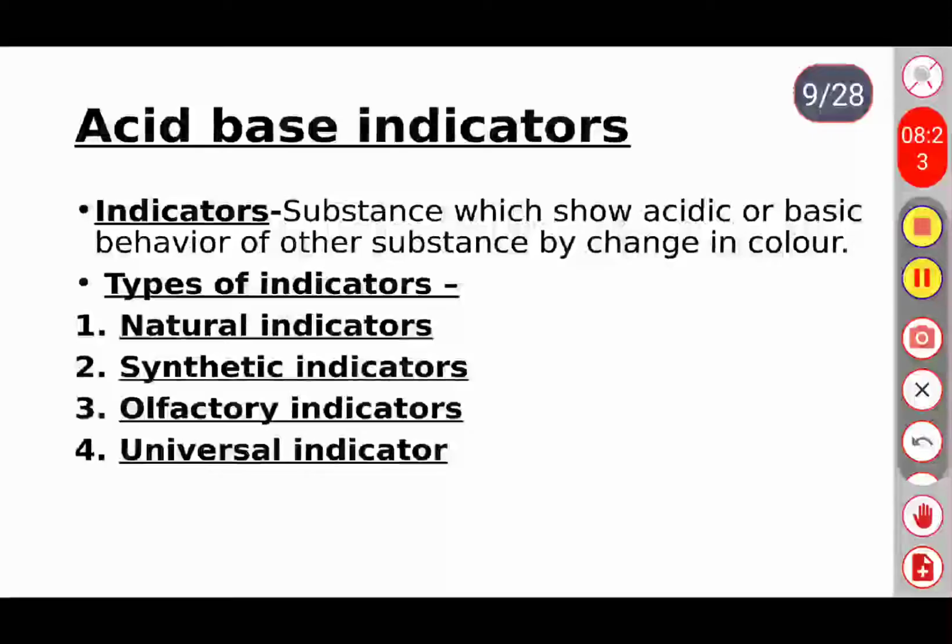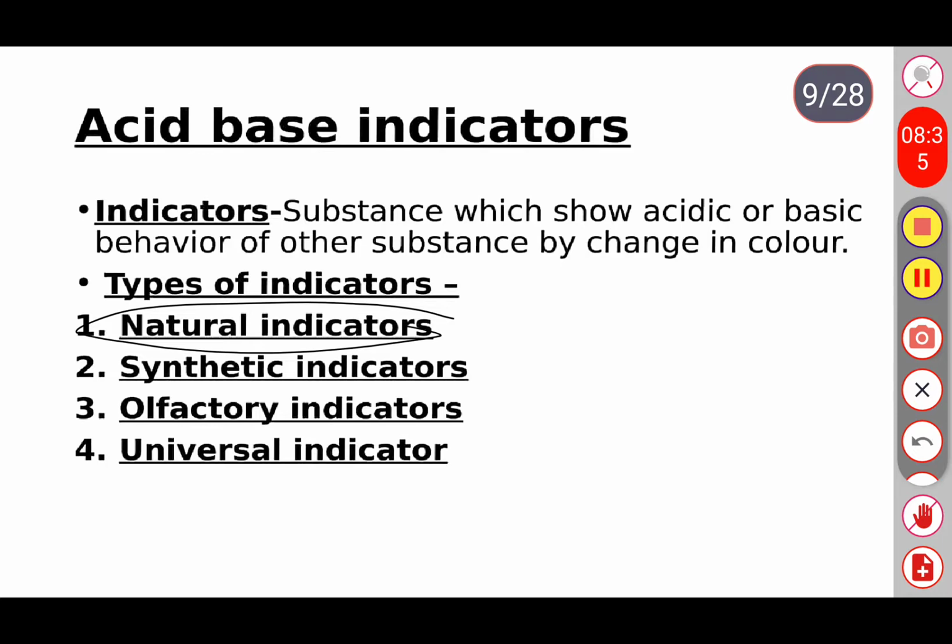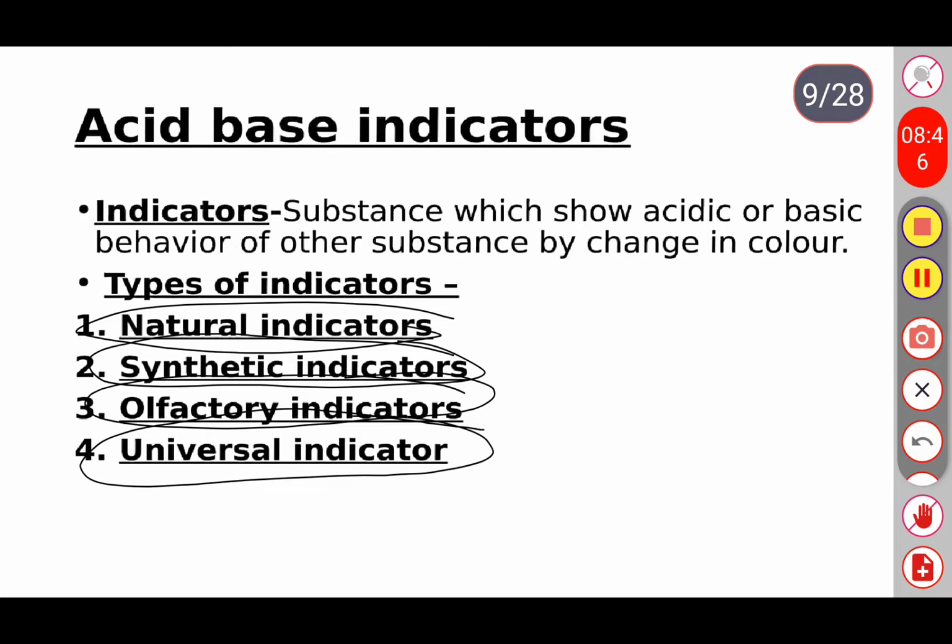So we have different types of acid-base indicators here. The first one is natural indicators, next is synthetic indicators, third is olfactory indicators, and fourth is universal indicators.